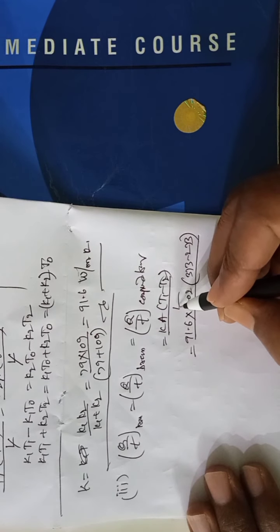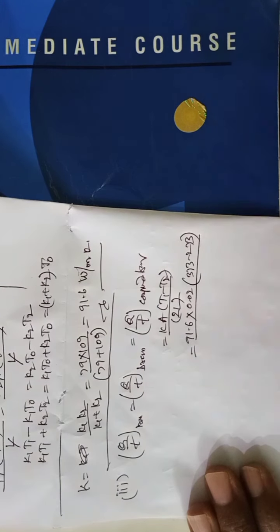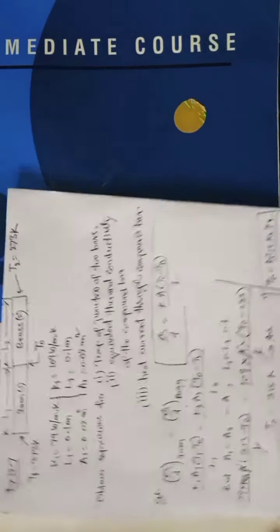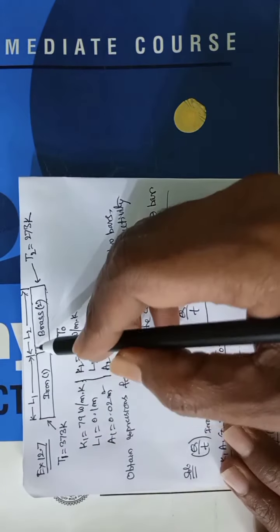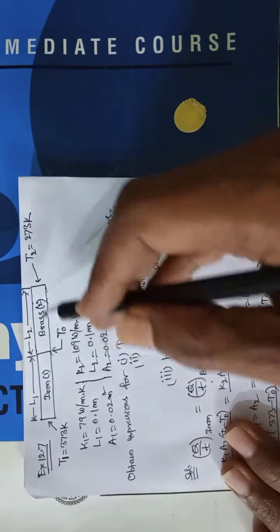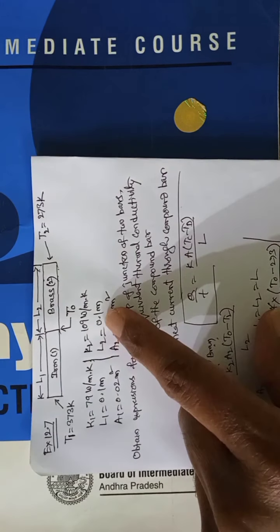Now, but here this is 2L. L plus L, compound bar, no? So 2L. How, see compound bar? Here to here L1, here to here L2, but both are same. L plus L, 2L. So L1 value 0.1 meter, L2 value 0.1 meter.